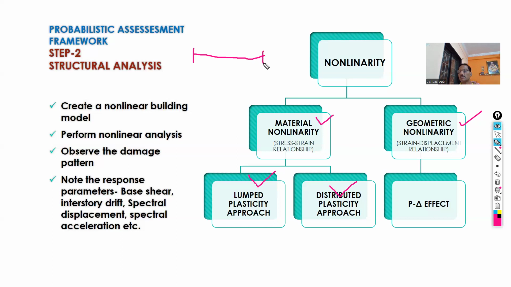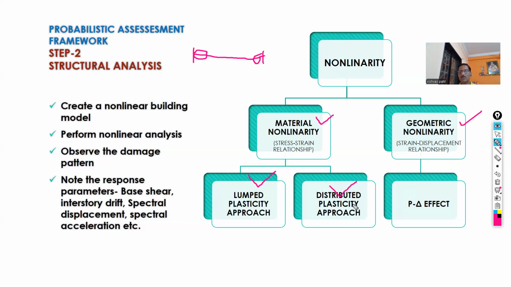In the case of the lumped plasticity approach, the nonlinearity is assigned only to some specific zones. Especially for a beam and column, we assign the nonlinearity at the ends only. That is called lumped. We are not assigning it for the complete length of the element or member.